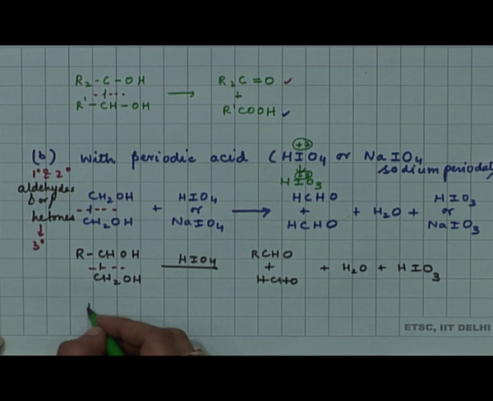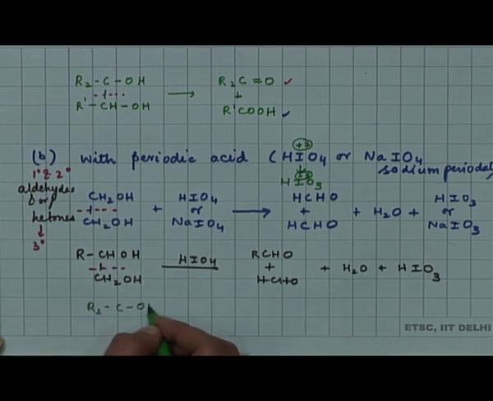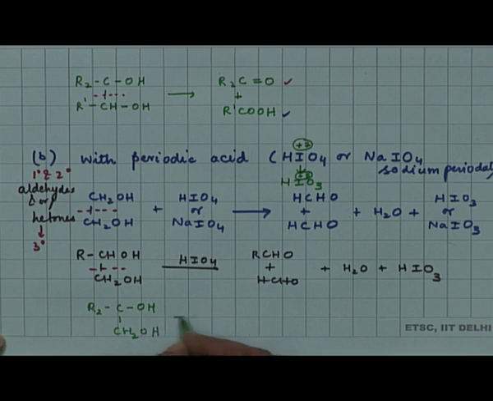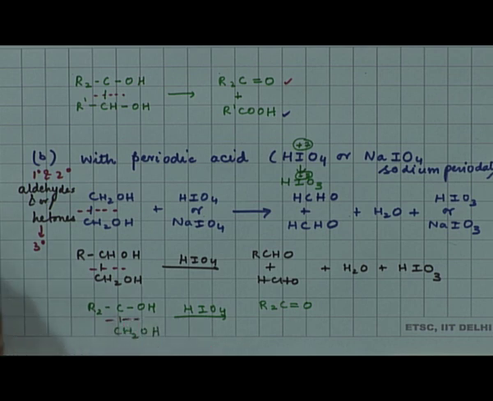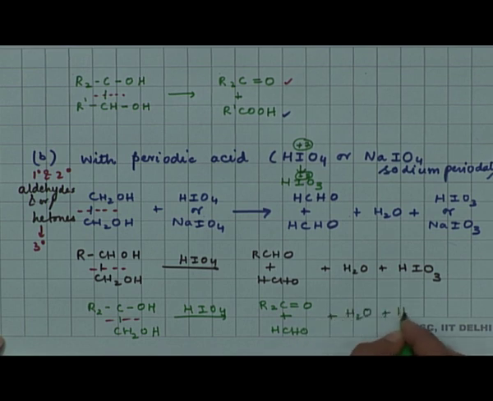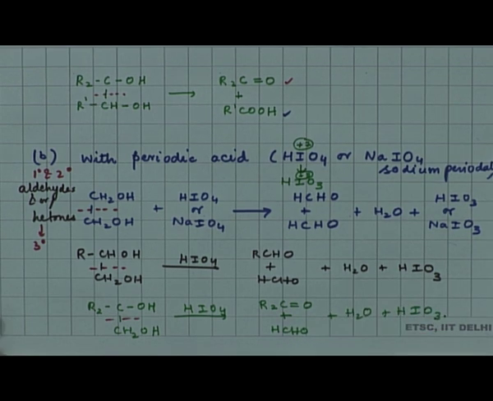If you start with a tertiary and a primary alcohol combination and treat it with HIO4, as we said, if you have a 3 degree alcohol, you would expect that once it cleaves, it is going to furnish a ketone along with formaldehyde, the rest of the byproducts being the same.